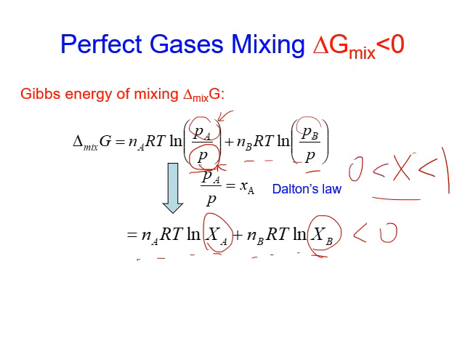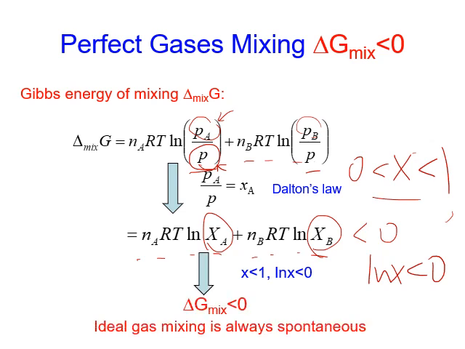The natural log of a number less than 1 is always a negative number, so ln x must be less than 0. When you add two negative numbers, delta G is less than 0. And therefore we proved that when we mix two ideal gases, delta G mixing is always negative, and therefore the process is spontaneous.